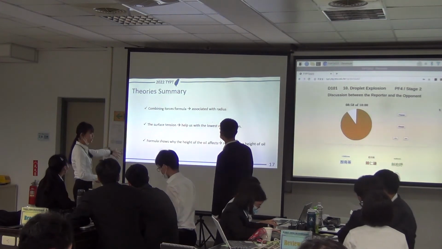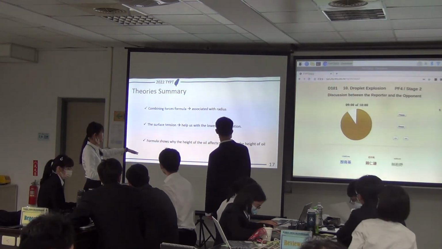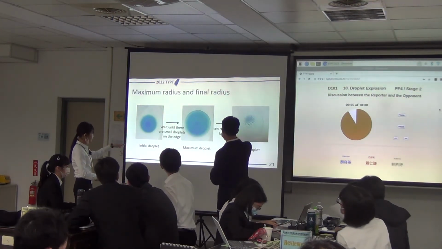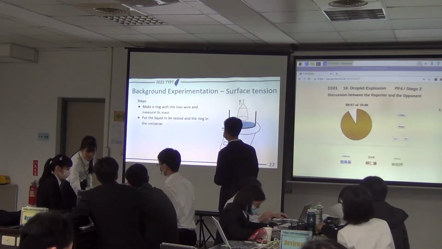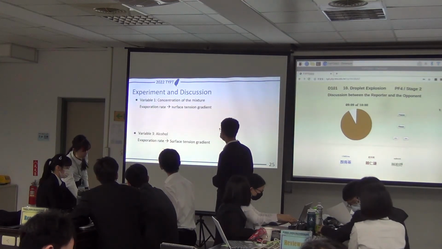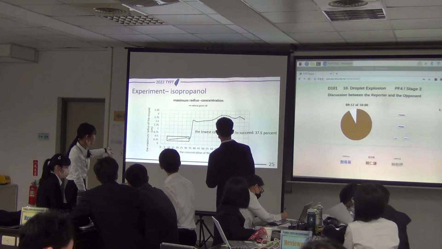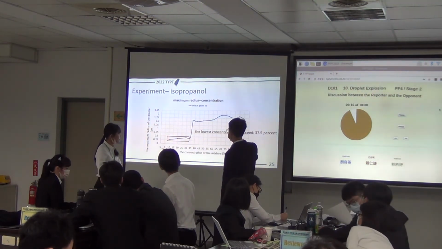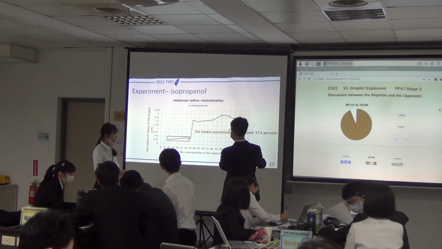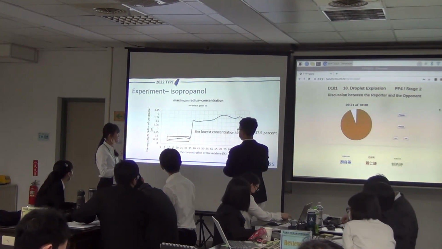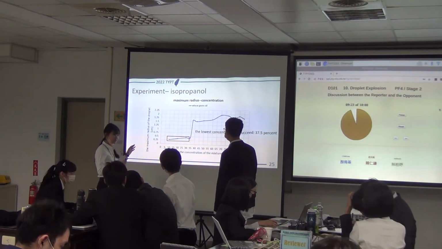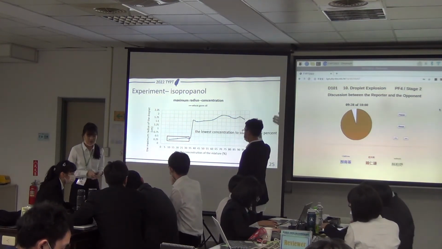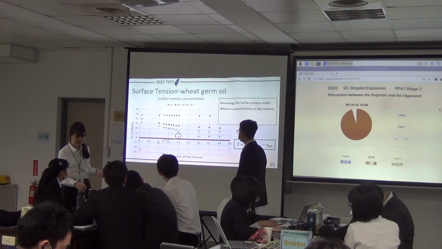So for the summary, the experiment with the graph. Can you tell me the relationship between this graph and your theory, and show me a theory that exactly fits this graph? The theory that explains this graph and why it is distributed like this.